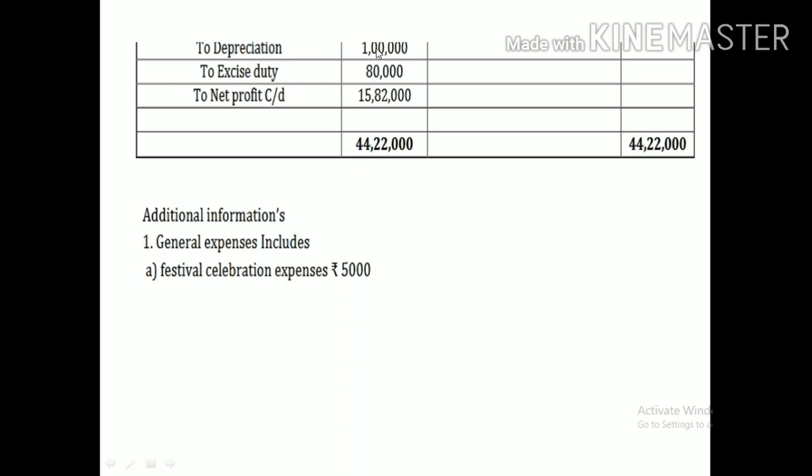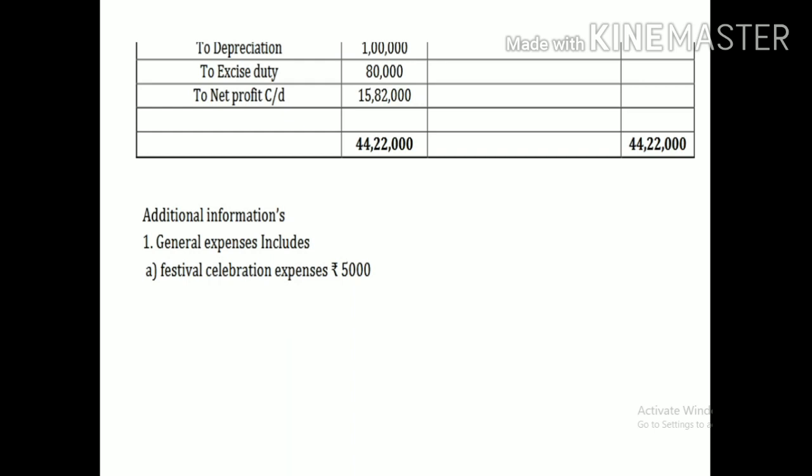Either you can ignore it, or first add 1 lakh as depreciation inadmissible, then again deduct the same amount as an allowable expense. Okay, you can treat it both ways. This is the correct way.